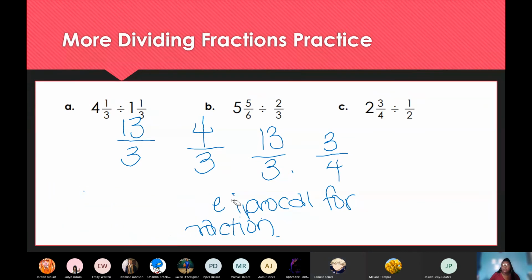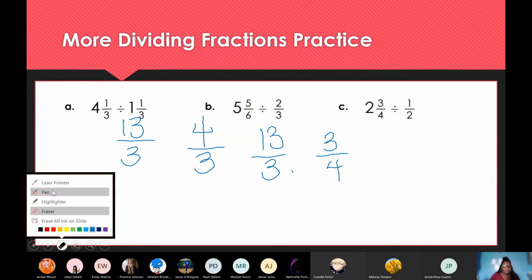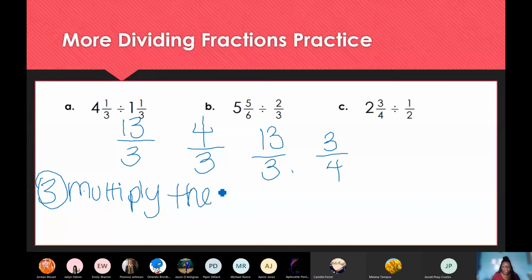Step 3, multiply the two fractions. Remember, numerator multiplied by numerator, denominator multiplied by denominator. So let's do that.